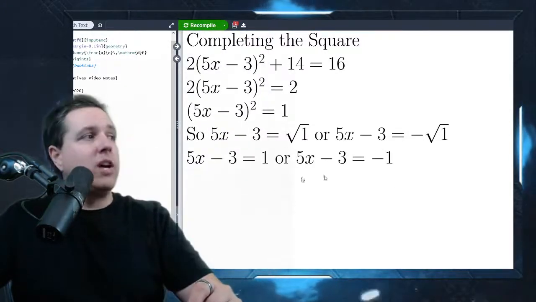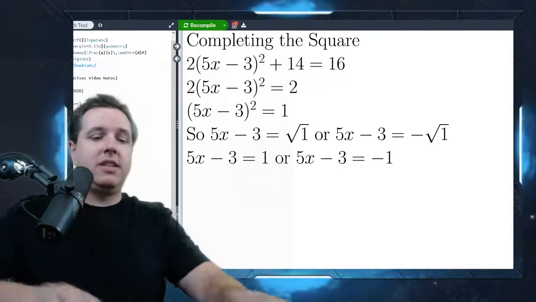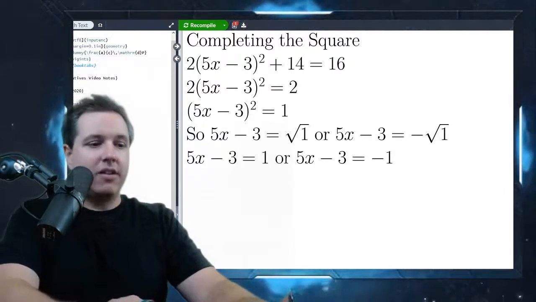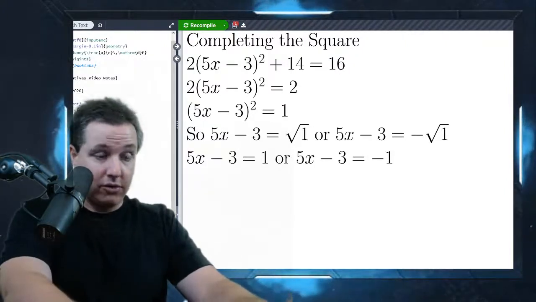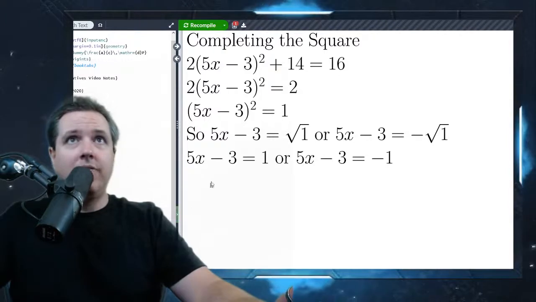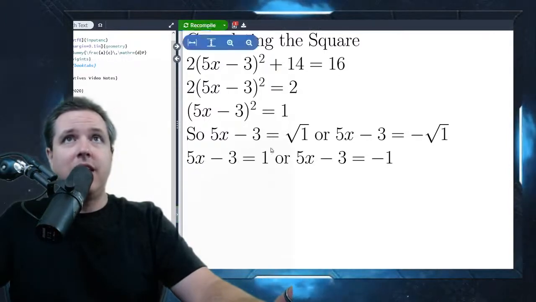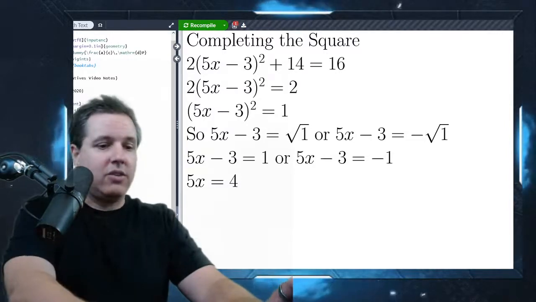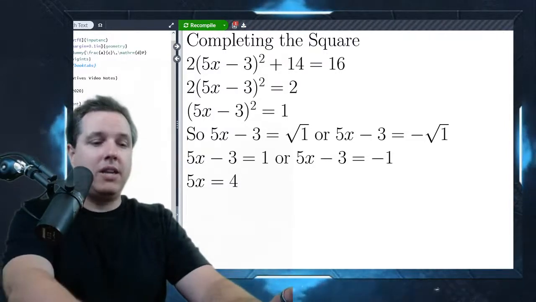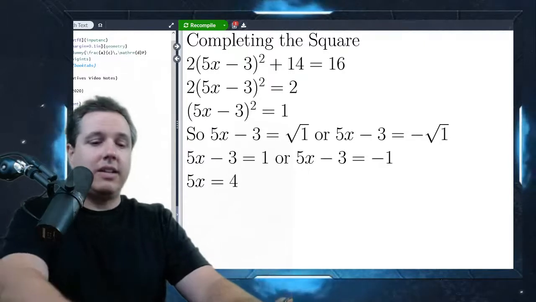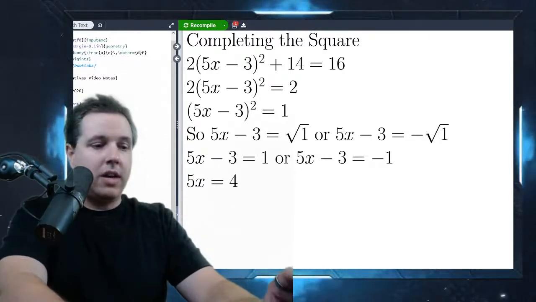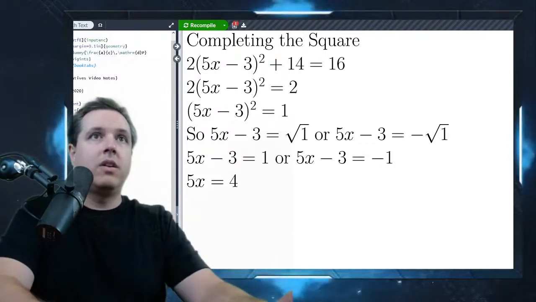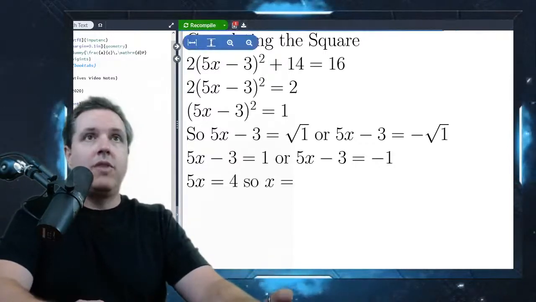Okay, now each of these equations is pretty easy to solve. So let's take the first one. If I add 3 to both sides, I get 5x equals 4, which leads us then to conclude, if I haven't made any mistakes here, that x equals the fraction 4/5.